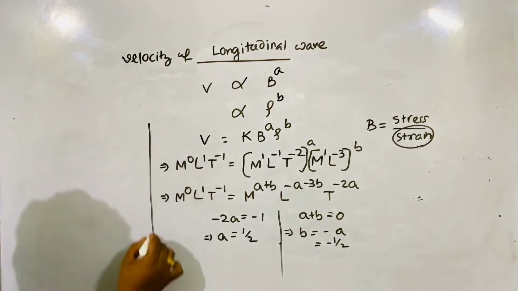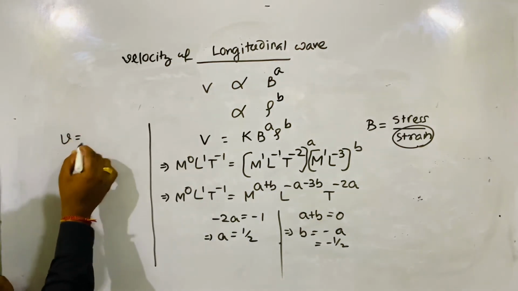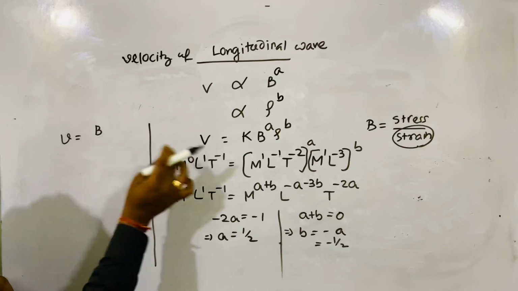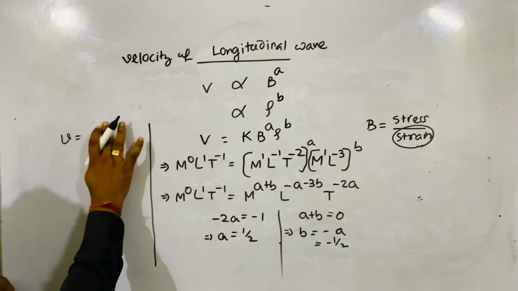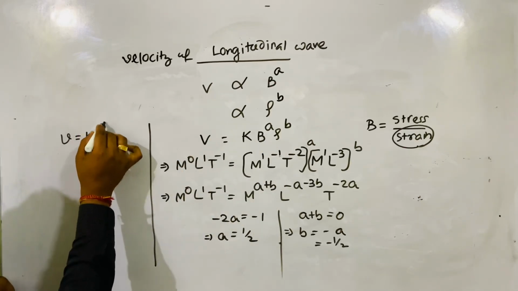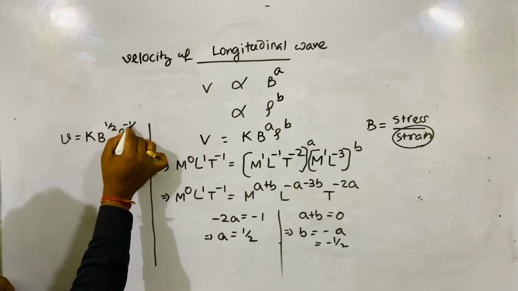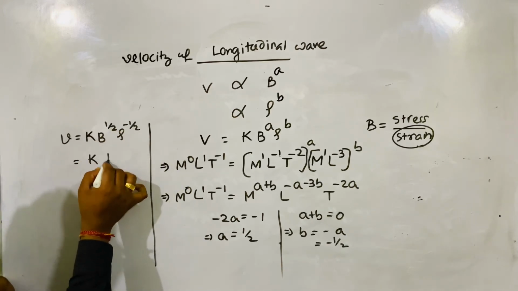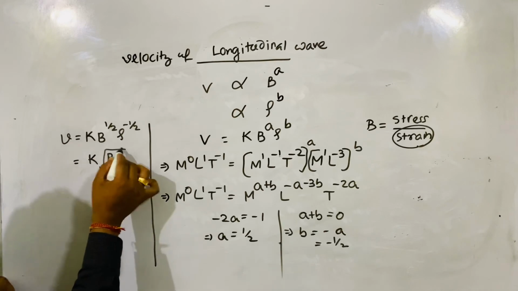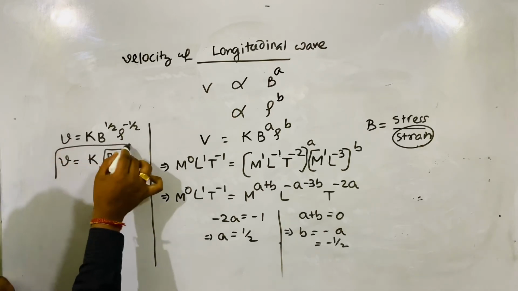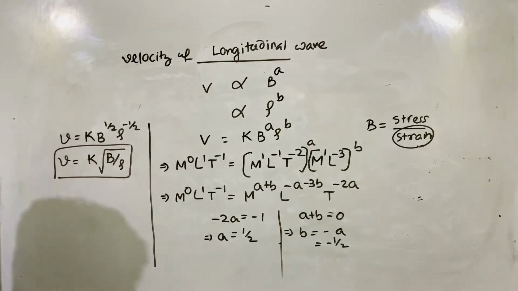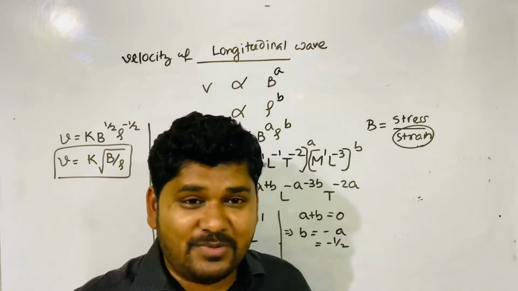Now write the expression. V is equal to k, B to the power half, rho to the power minus half. So k times root over B by rho. This is the velocity. But experimentally k is found to be 1.